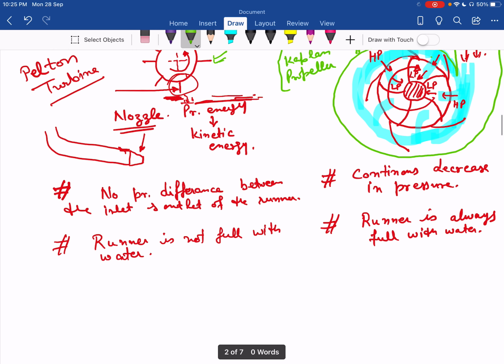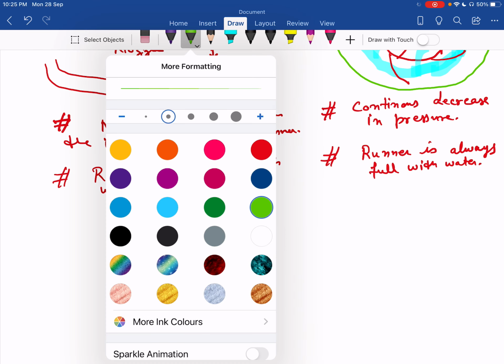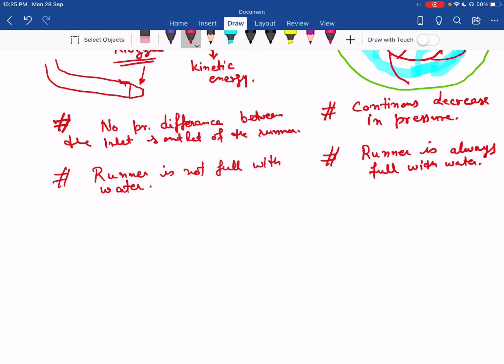The next classification is on the basis of direction of flow of water.